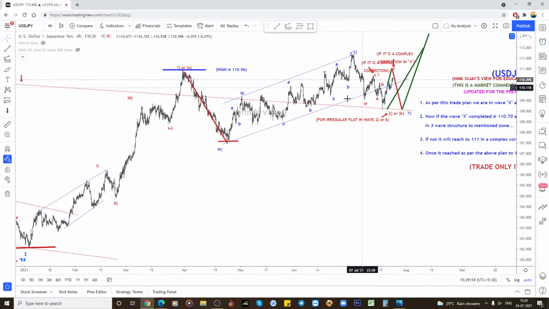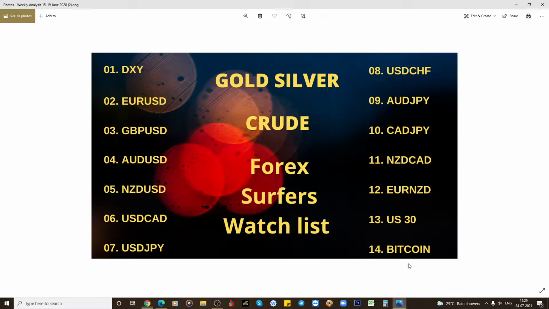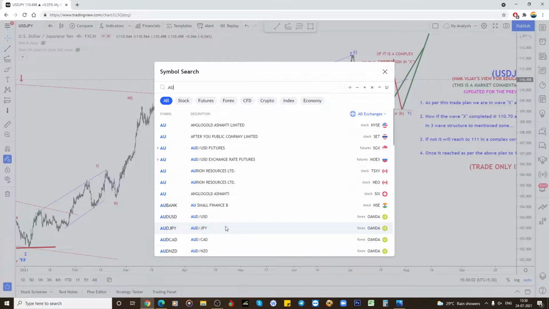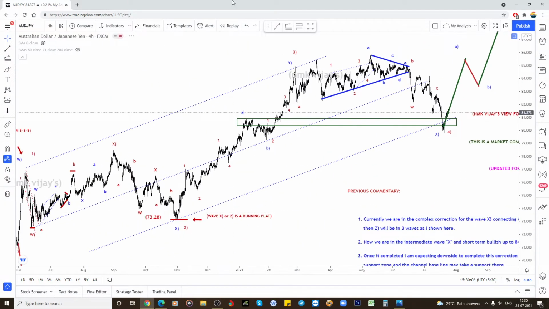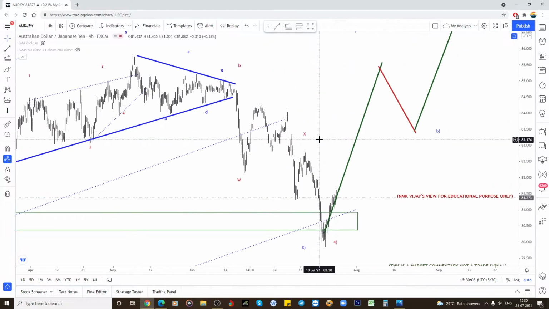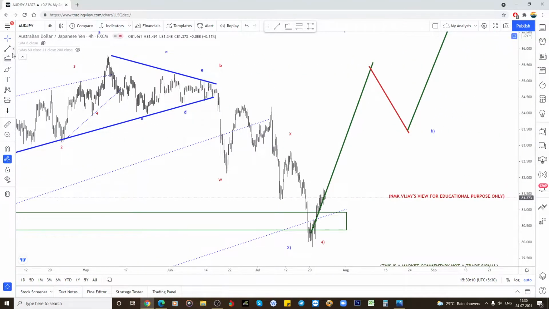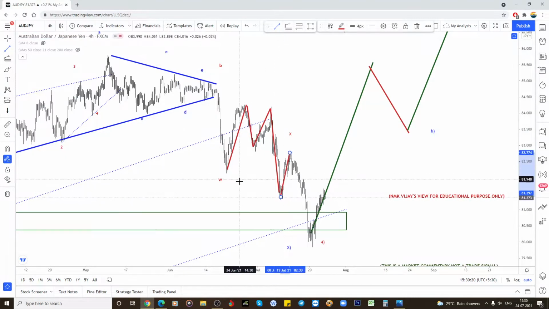So once again we will check our watch list. I finished USD JPY and AUD JPY now. See all that JPY corrections. From here I expected this, this is what I love, these Elliott waves. See, this is an impulsive wave, right? And what did it do? Again, this is a three-wave structure, and what it did is an impulsive wave.